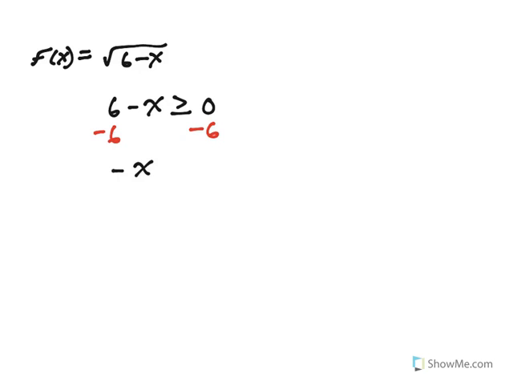So then you have minus x greater than and equal to -6. But we have to divide by that -1, that invisible -1, so that the negatives cancel, and then you're just left with x. -6 divided by a -1 is a +6. But anytime we divide by a negative, we have to reverse the inequality sign.